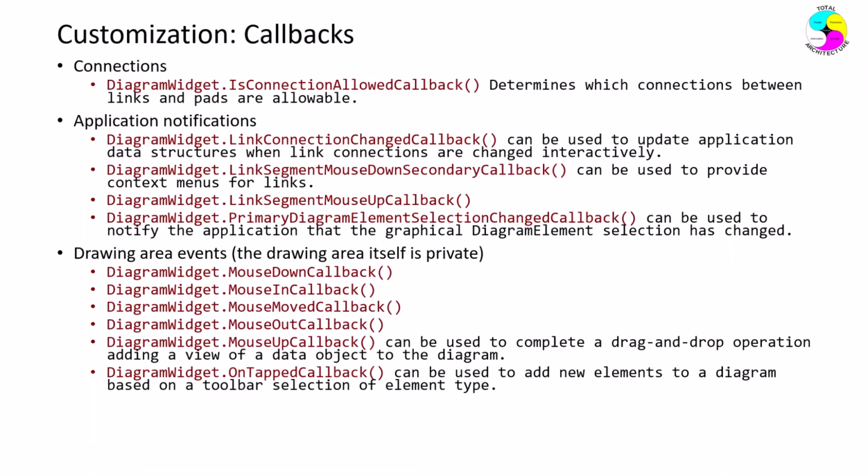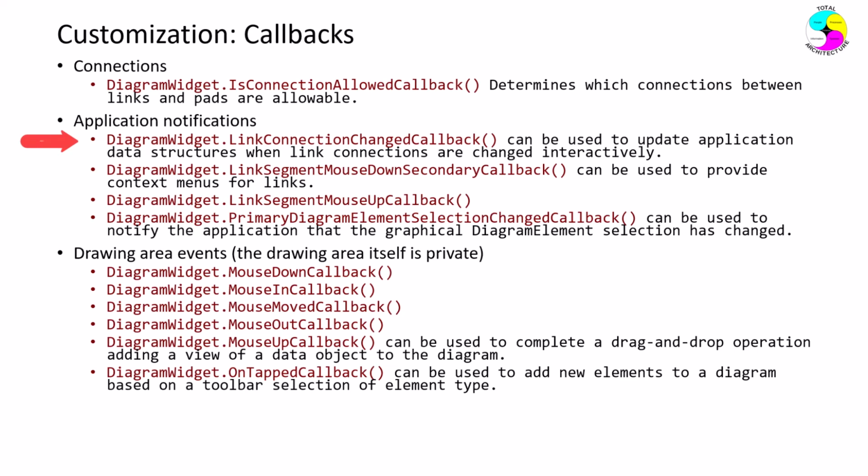So a number of callbacks are provided to integrate the diagram widget into the application. We've already mentioned the isConnectionAllowed callback that determines the paths to which a given link end may connect. The link connection changed callback informs the application of connectivity changes.